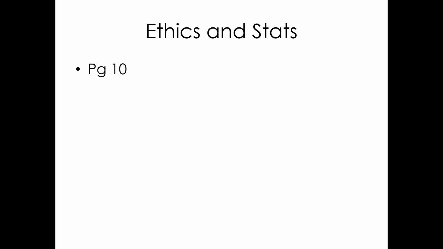Okay, so we've got another couple of things that you need to add to your AO1 bank for this. There is a little grey box to read through on page 10 about ethics. It does mention in our specification that you should think about the ethics of sampling, although I've never seen an exam question yet about it. Doesn't mean it won't happen.